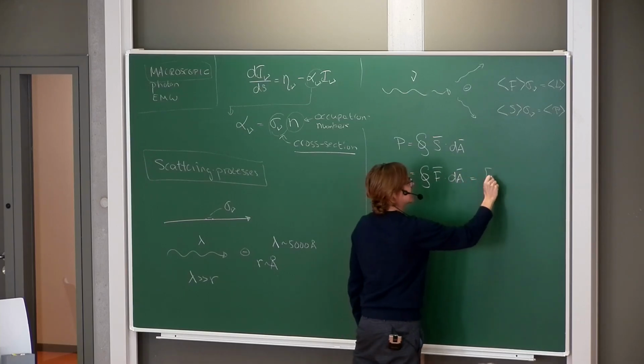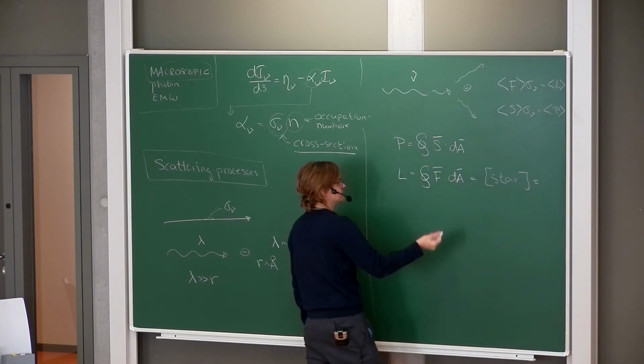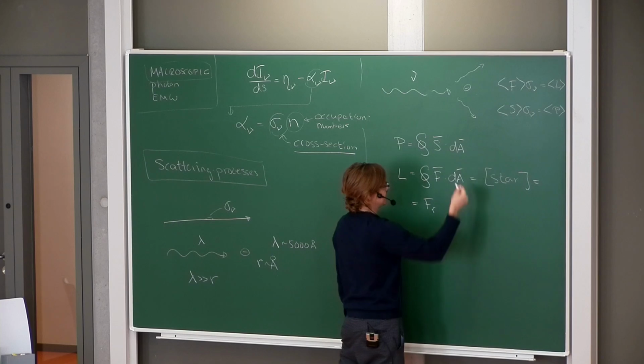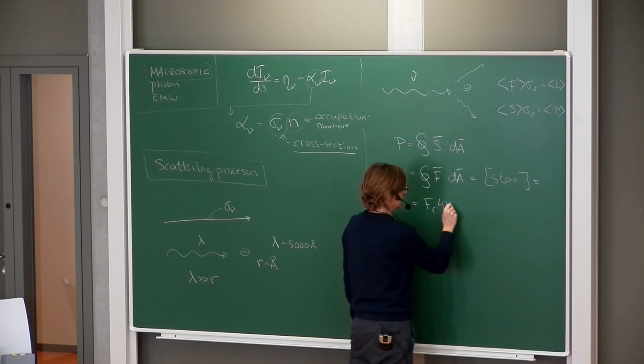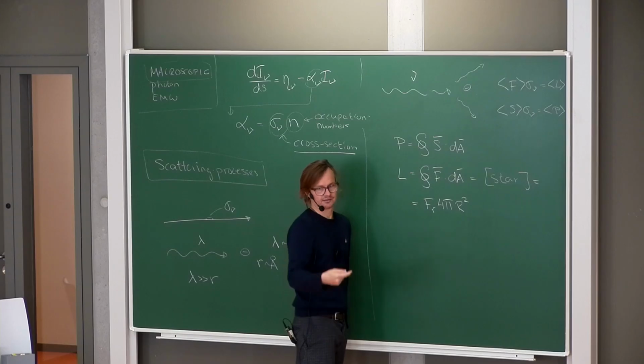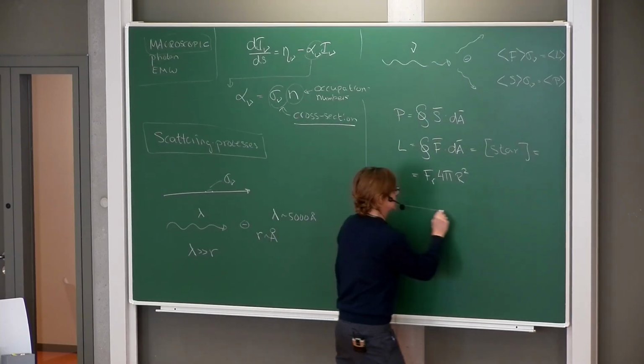And to give you the simple example of a star, that's a radial star, then we have just a radial flux times the surface area, which was the solid angle 4 pi times radius squared. So that was just the simple way to make this connection.